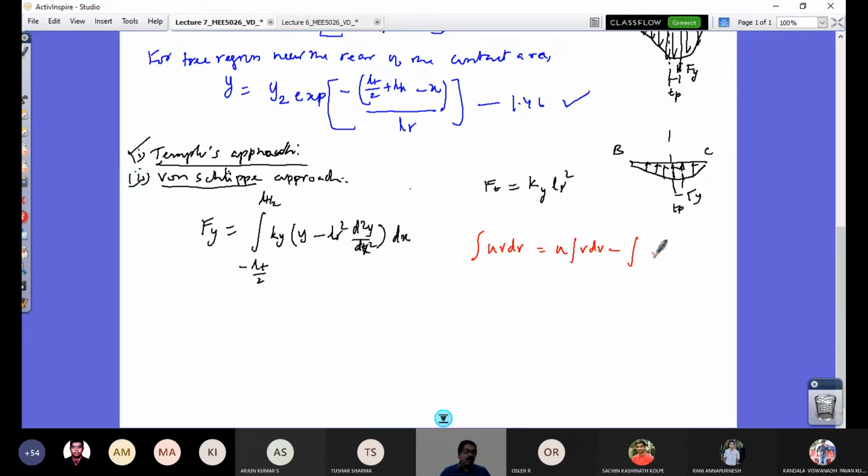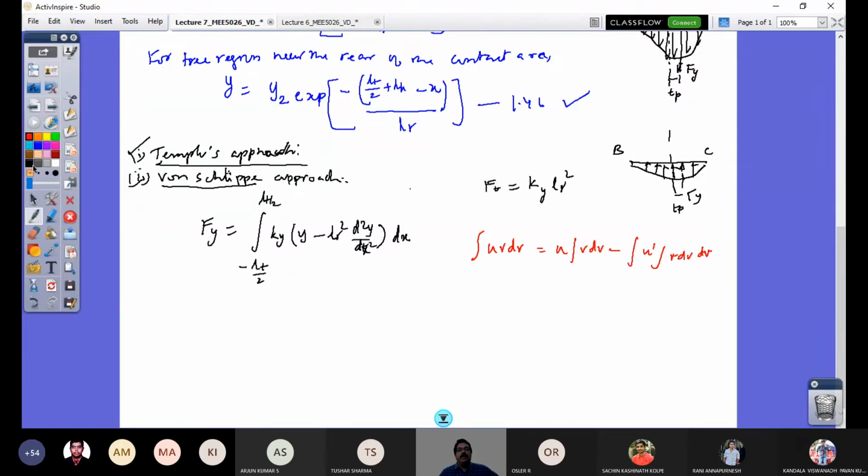In such cases, this is your formula: u dash is the derivative of u, times the integral of v dx. So this is the formula.